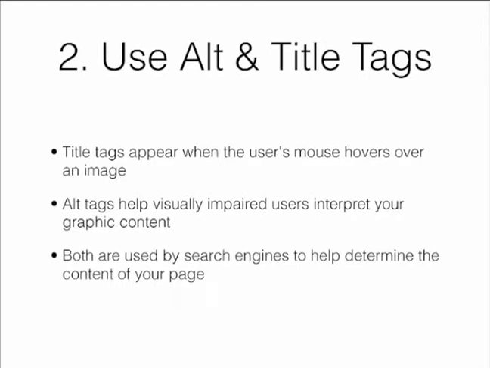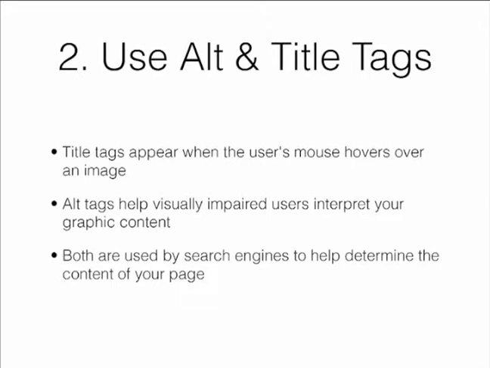Alt tags, alt is short for alternate or alternate text, and originally back in the dark ages of the internet, when lots of people had image browsing turned off because it sucked a lot of bandwidth and slowed down page load times, the alt tag would display to tell you what the image was that was missing, and then you could load it if you wanted.